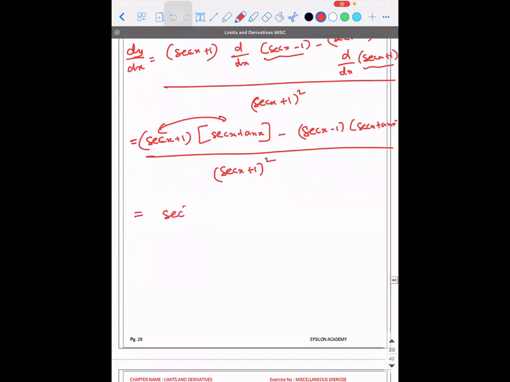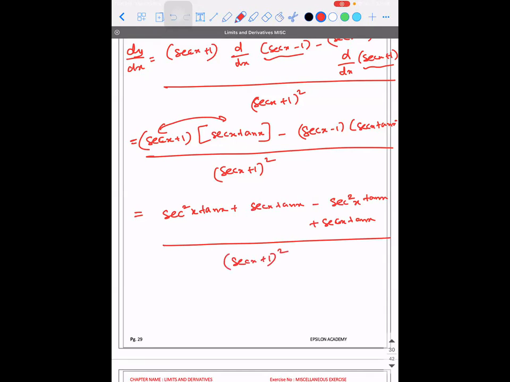So it is secant square x tan x plus secant x tan x minus secant square x tan x plus secant x tan x, the whole divided by secant x plus 1, the whole square.